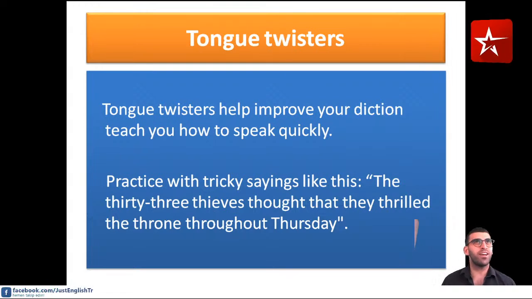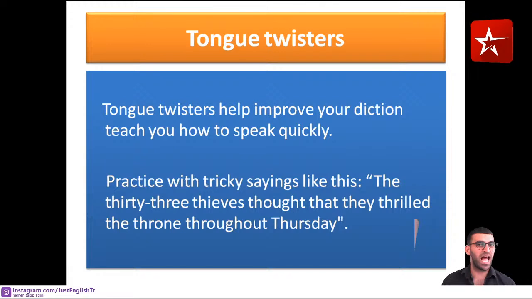"Teacher, I went to the supermarket yesterday at 5 p.m." Oh my god, 2 minutes passed and he or she hasn't finished the sentence. That is the problem. You have to speak as quickly as you can. Yes, it's really important. You have to speak English quickly.